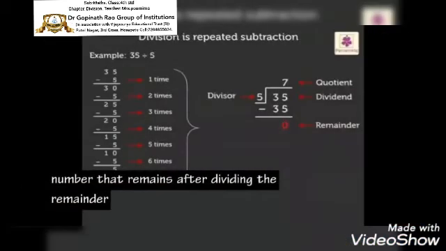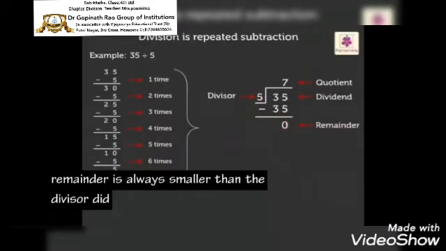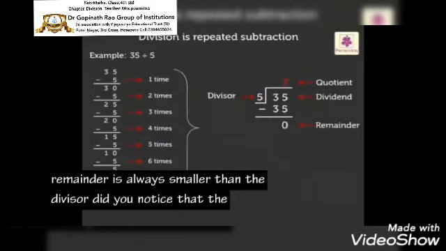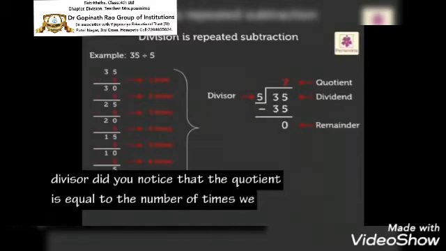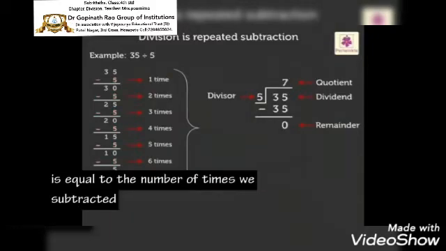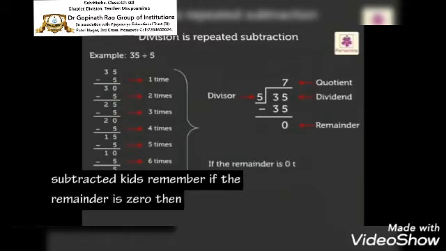The remainder is always smaller than the divisor. Did you notice that the quotient is equal to the number of times we subtracted? Kids, remember, if the remainder is 0, then 1.